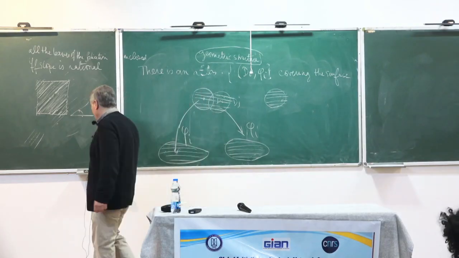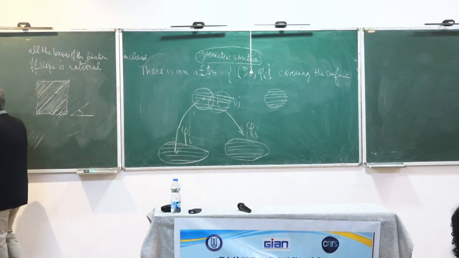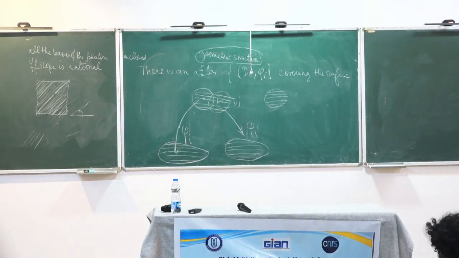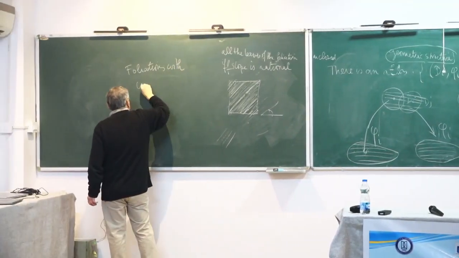We are talking here only about linear foliations, the foliations with constant slope.